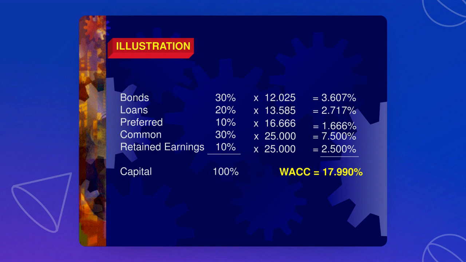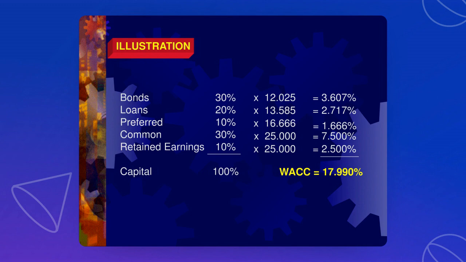So just multiply it by the 12.025, 20% times 13.585. Then you have your 10% times 16.666. You have also here 30% times 25 and 10% times 25. Don't worry class, meron naman tayong computations about this one.